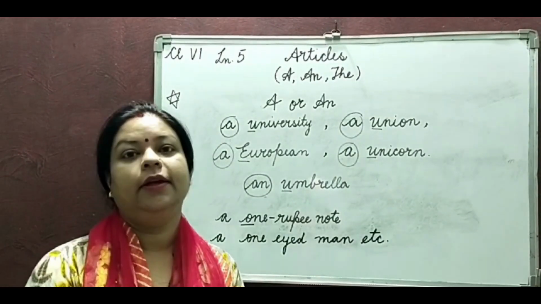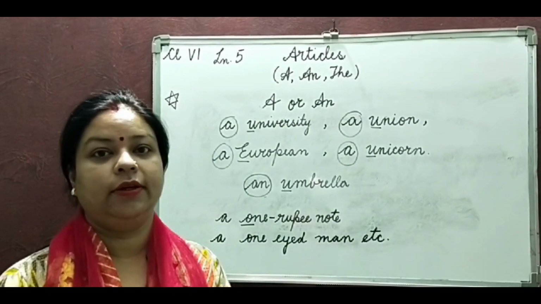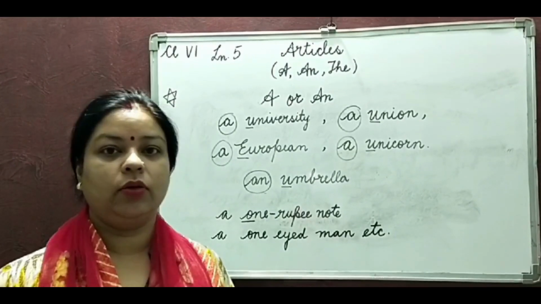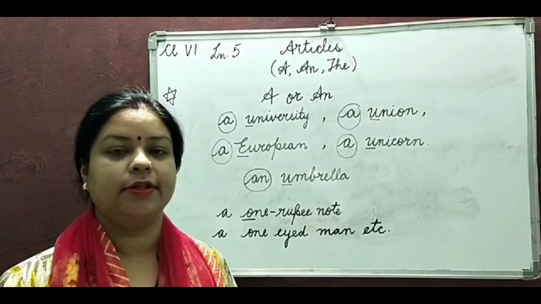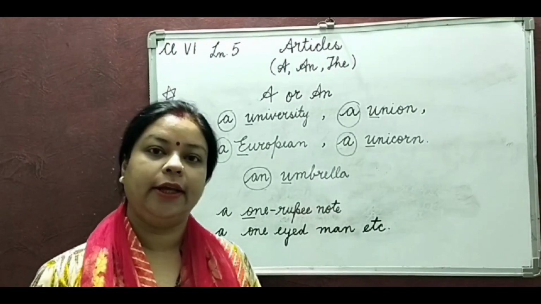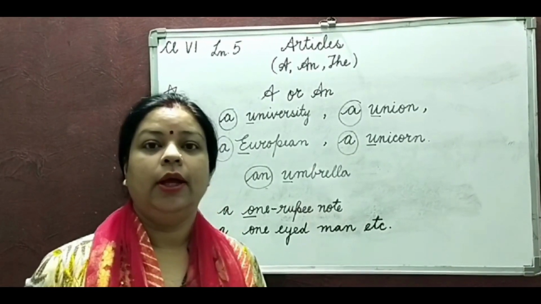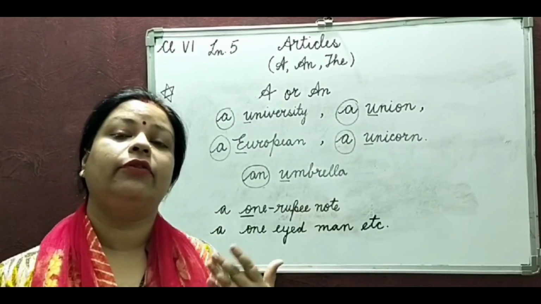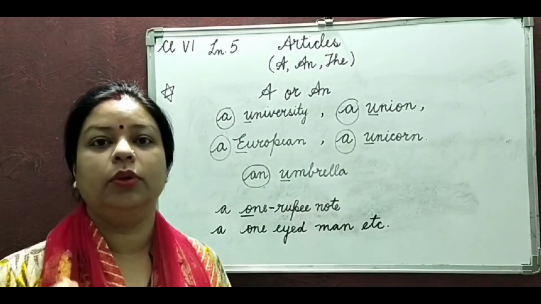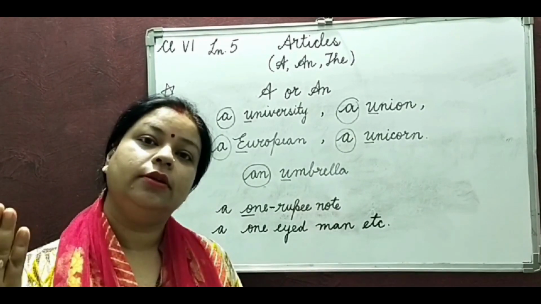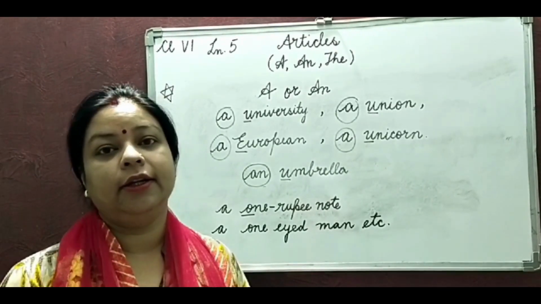Again and again, I would like to tell you, children, to give importance to the sound, that is, vowel and consonant. That only makes the difference in using the article A or an. As we all know, most of the time whenever a word starts with a vowel letter, we use the article an.